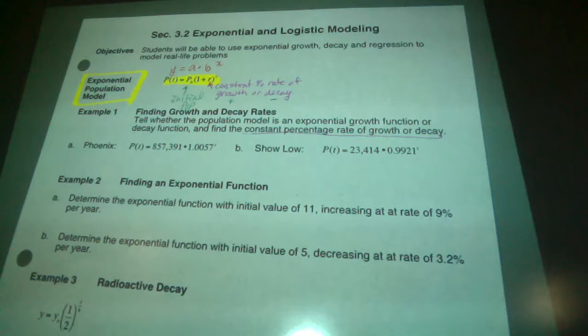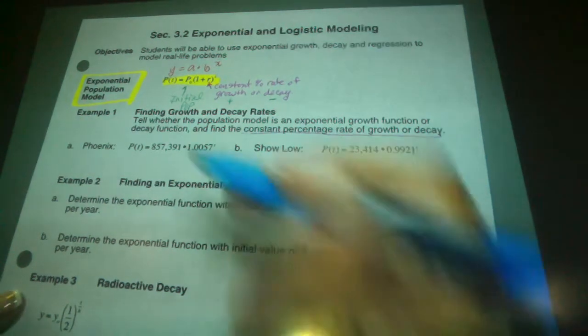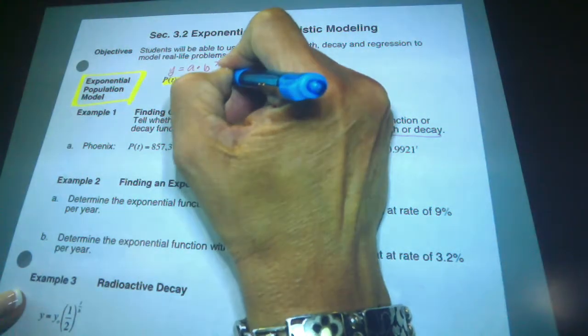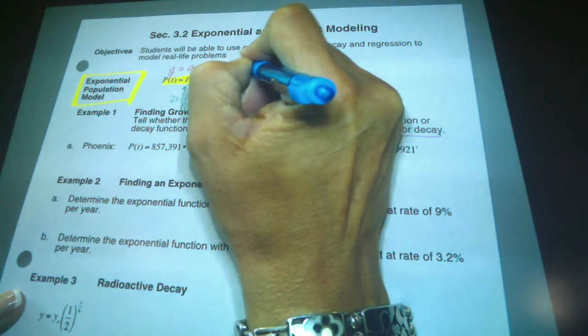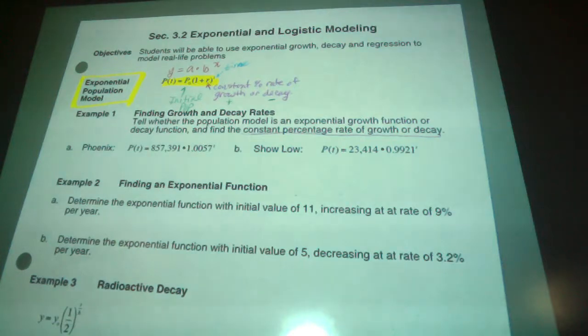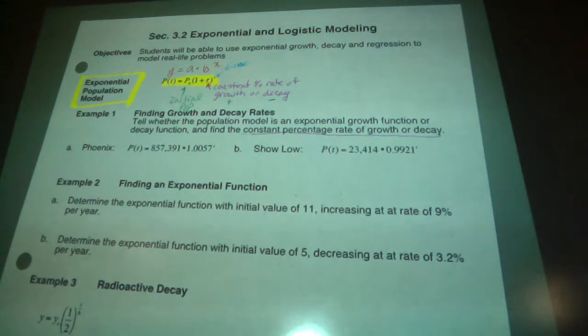That's only if it's written in the 1 plus R form. Oh, and then what do you think T is? And you got the total T, time. Now, time can be in hours, seconds, days, weeks, months, years. Typically the population is going to be in years, but not always.